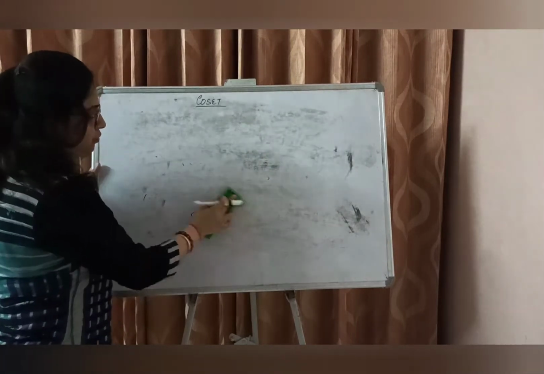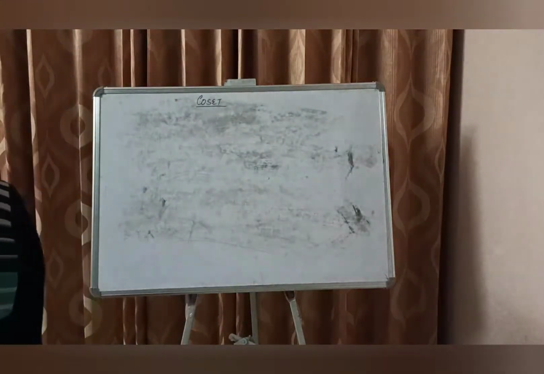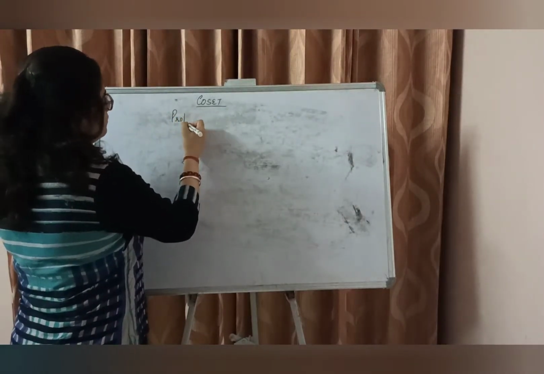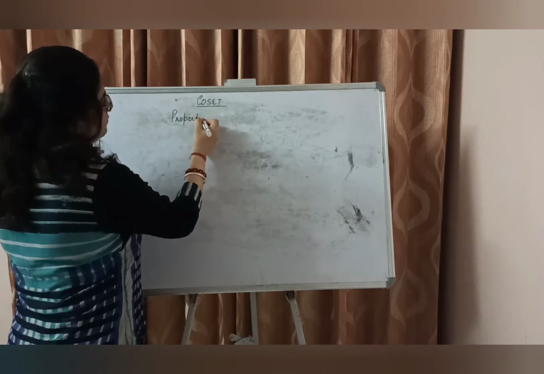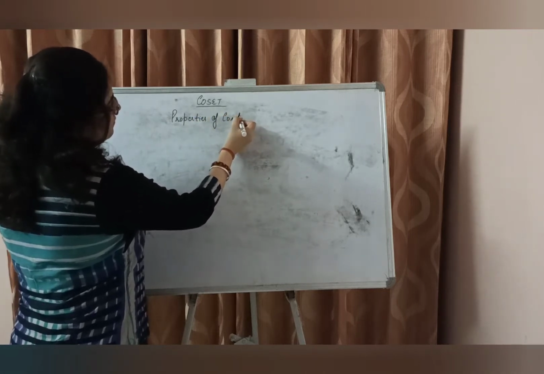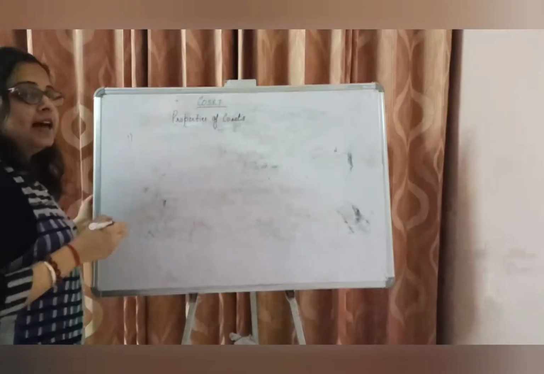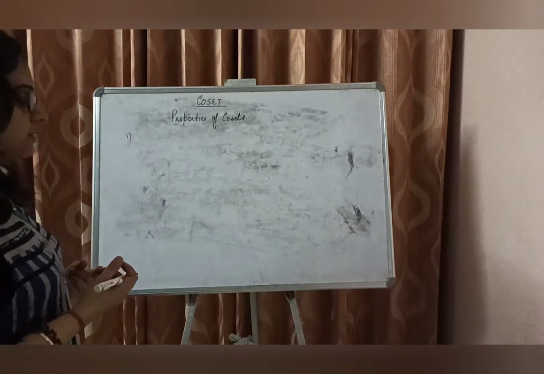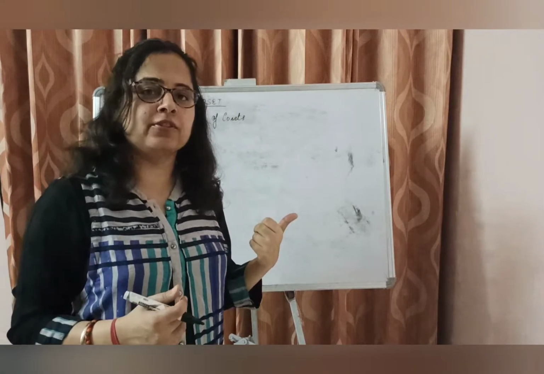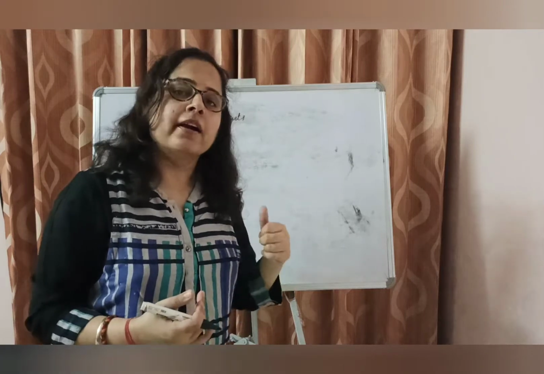Next, we shall do some properties of cosets. So the first property is, as we wrote in the definition itself, that a is called the coset representative and aH is a left coset of H in G containing a.